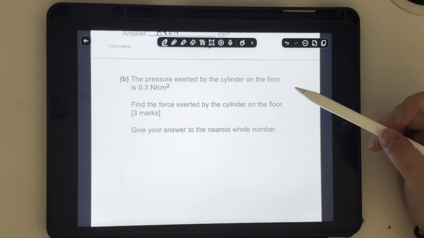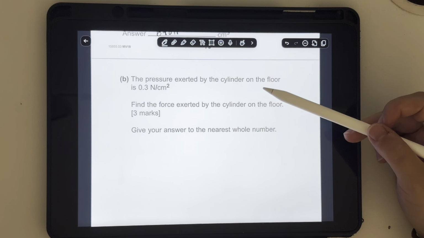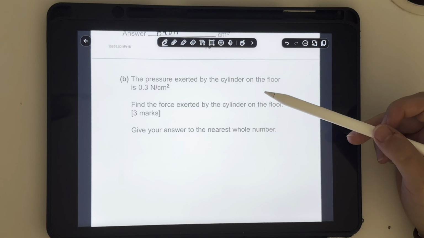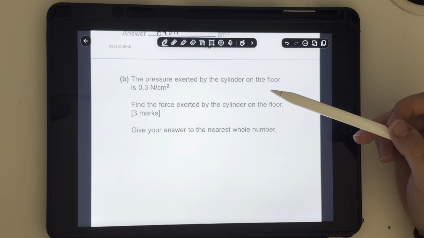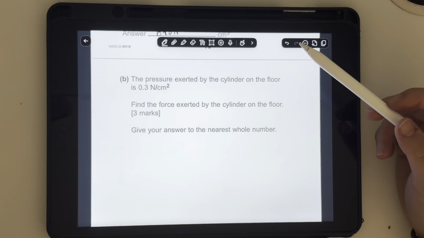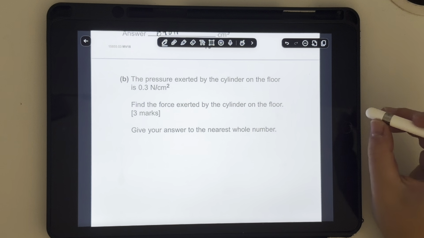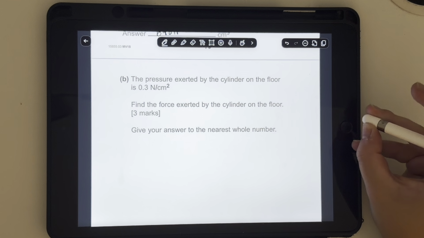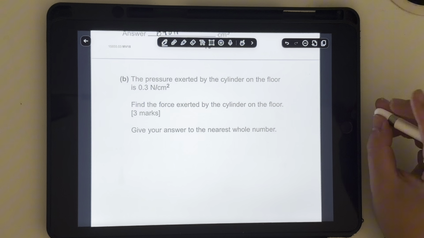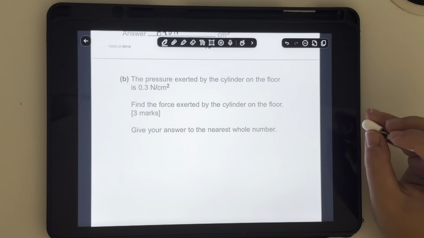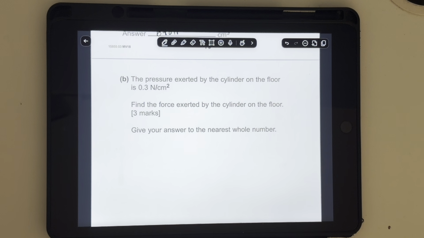The pressure exerted by the cylinder on the floor is 0.3 newtons per centimeter squared. Find the force exerted by the cylinder on the floor. What is the formula for that? I fully do not know. Pressure equals force over area, maybe?